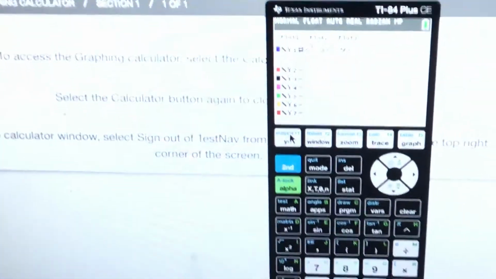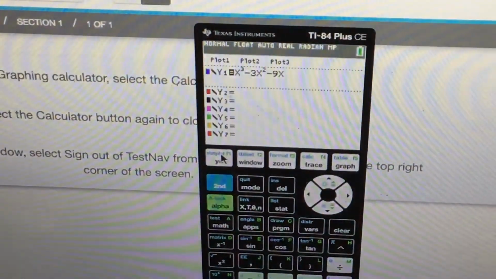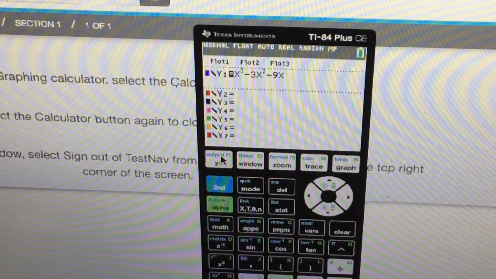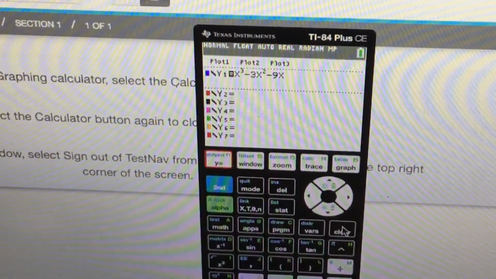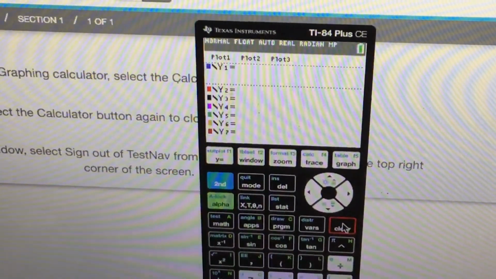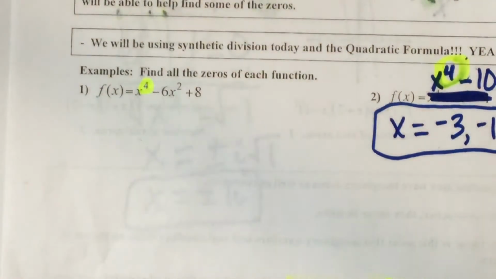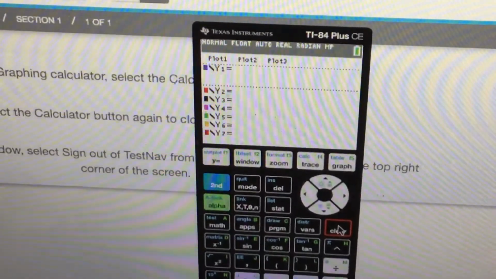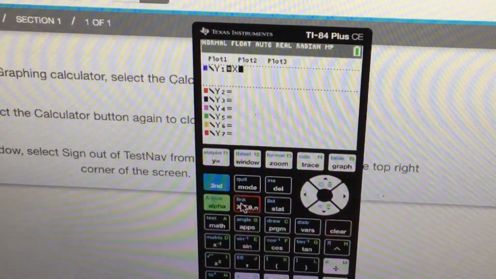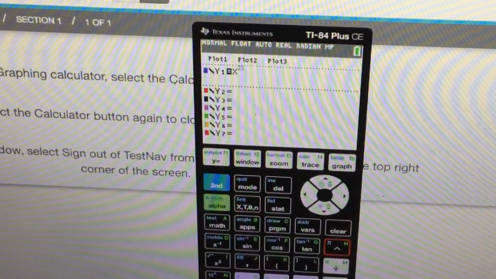Okay, so I am going to go to my y equals of my calculator, and I'm going to type in that equation that we just had there. So I'm going to clear this off. Okay, so it was x to the 4th. So x raised to the 4th.